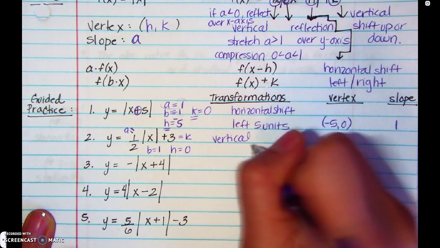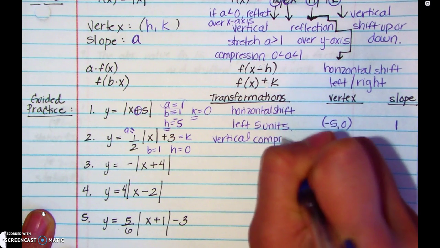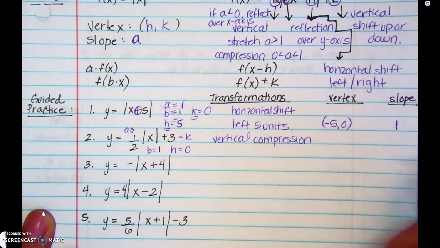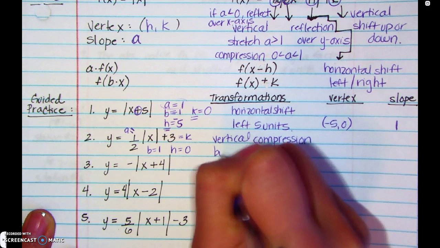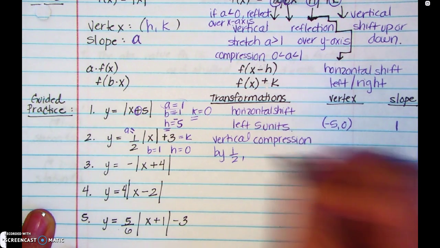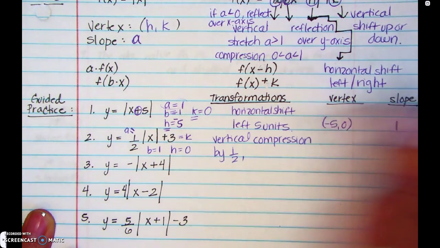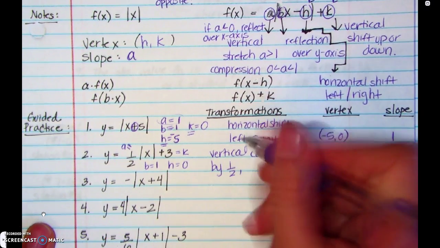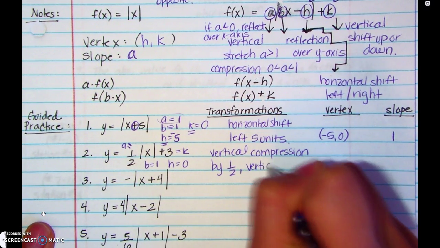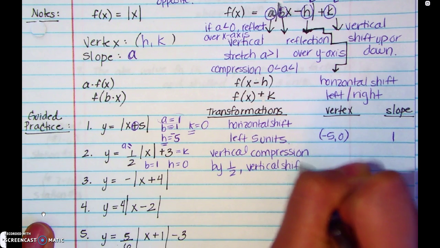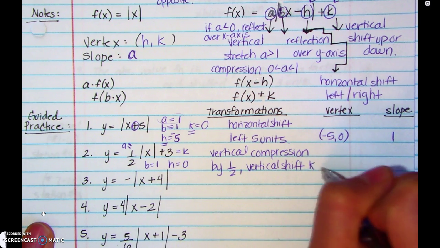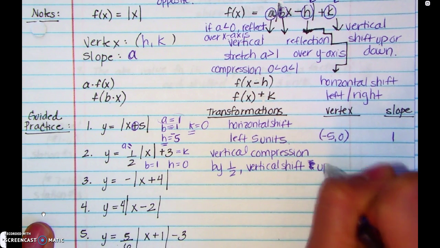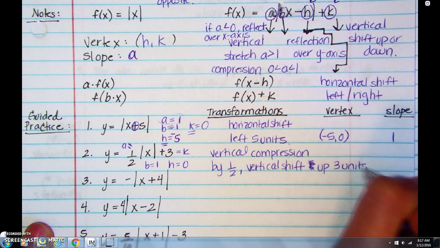It is between 0 and 1, so it is a vertical compression by 1/2. And the K at the end tells you that it is a vertical shift up or down. So vertical shift, in this case, K is positive. Vertical shift up 3 units.